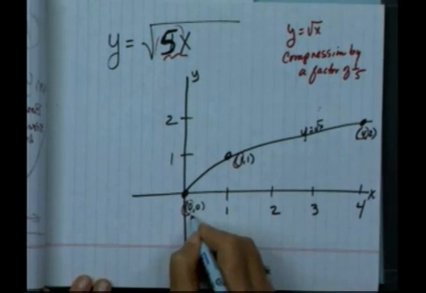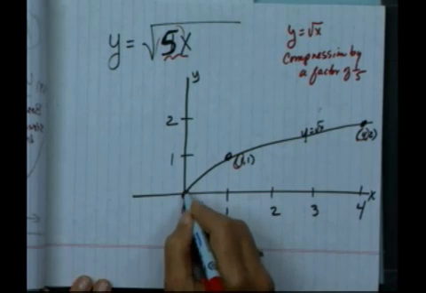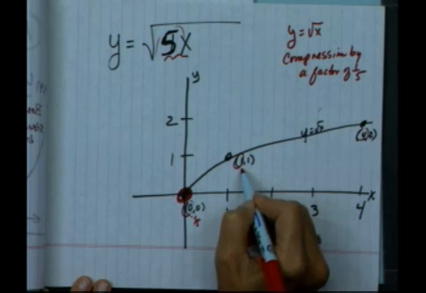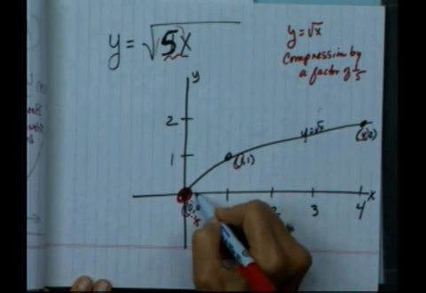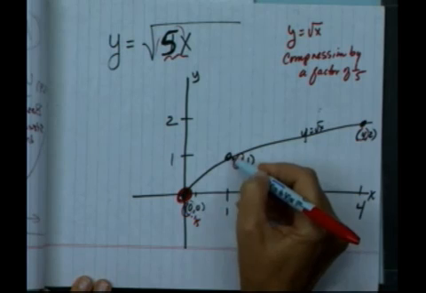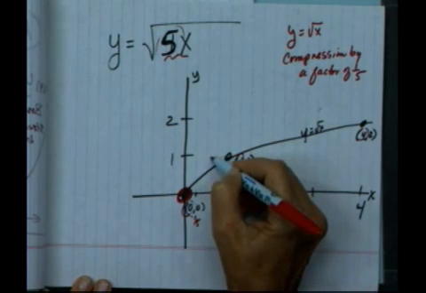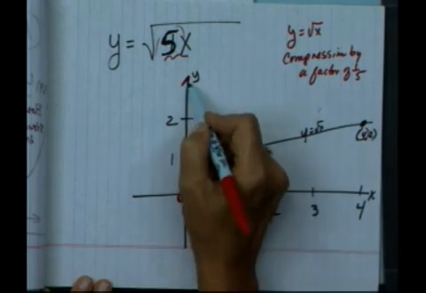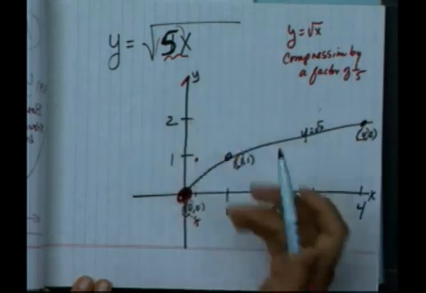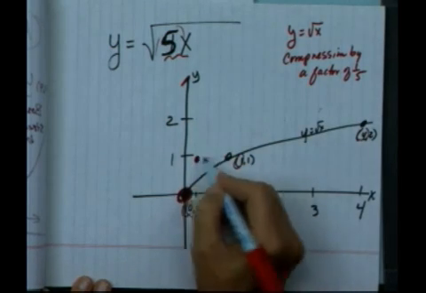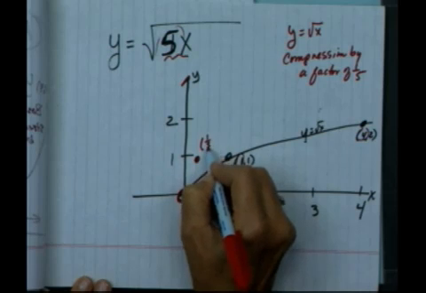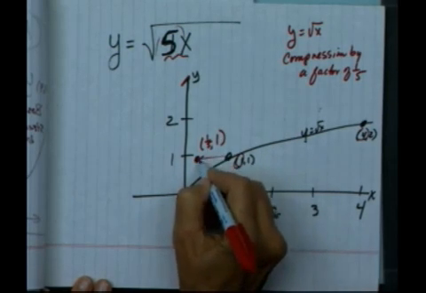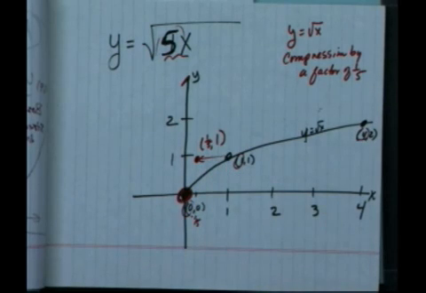So 0 times 1/5 is still 0. 1 times 1/5 is 1/5 exactly. So this is going to come over 1 times a fifth. See how we're compressing it towards the y-axis? We're squishing it in. So now we're going to have the point 1/5, 1. It's going to go this way by a factor of a fifth.